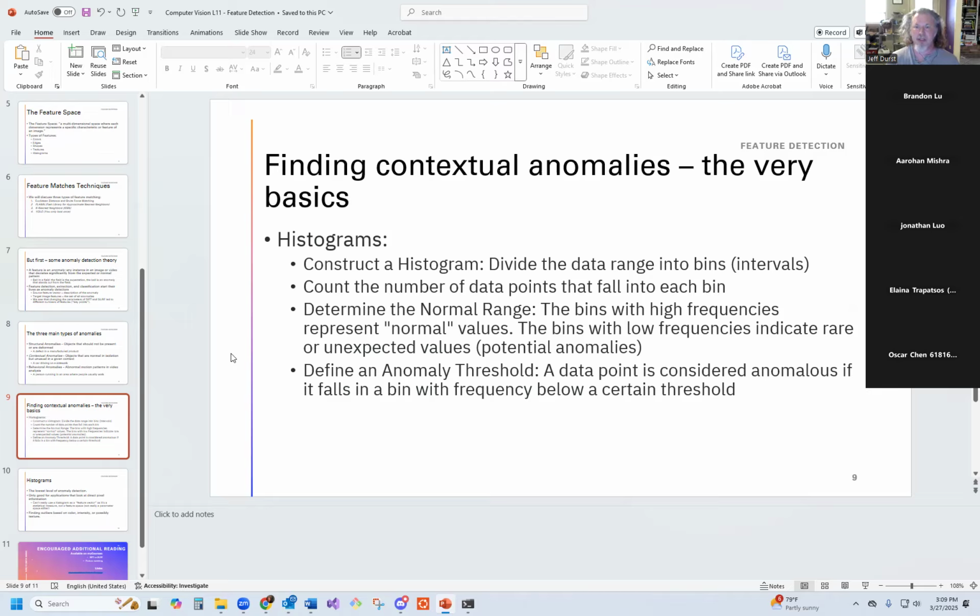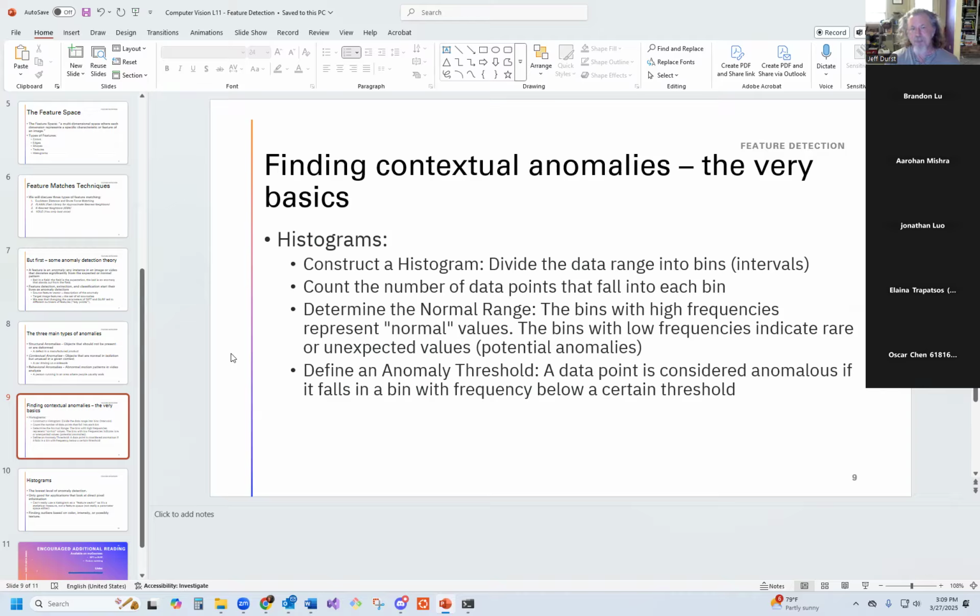Everything in the image we would reasonably expect to fall within one of these bins, within the distribution of bins. So we've created this histogram that determines the expected context. This is what the image should look like if there were no anomalies.